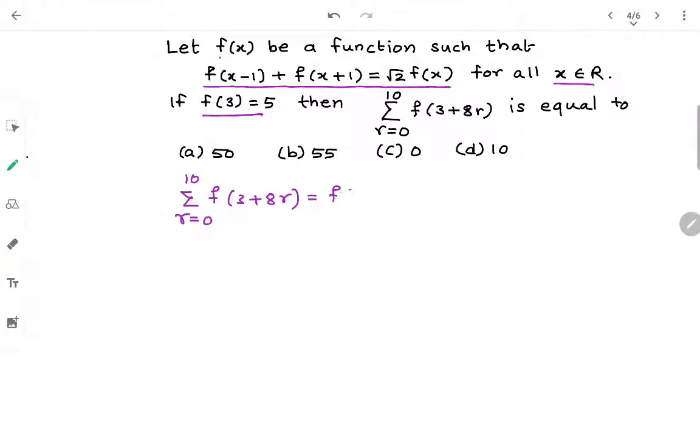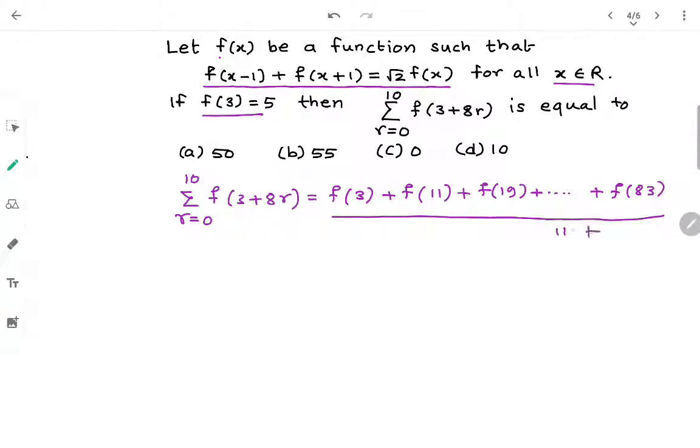So for r equals 0, we get f of 3, for r equals 1, we will get f of 11, plus f of 19, and the last term, there will be total 11 terms, will be f of 3 plus 8 into 10, so that is f of 83. So these are 11 terms, out of which f of 3 is given to be 5, so this we know.